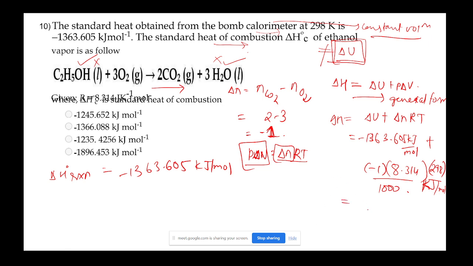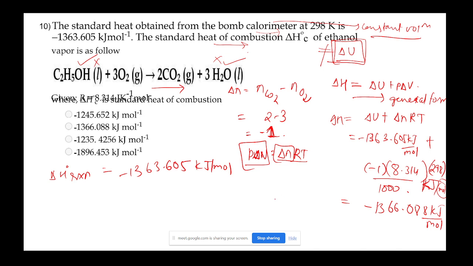Now since this is just 1 mole, it will be per mole. If I solve this, the correct answer comes out to be minus 1366.088 kilojoule per mole.